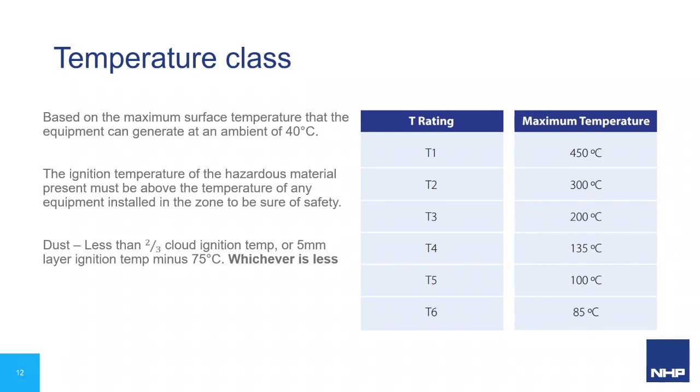So whichever of the two is lower, this is the temperature that you use when selecting a T rating for your equipment. But you just need to be careful. With dust layers, this method only allows for a 5mm layer of dust. So you need to have regular housekeeping and cleaning to ensure that it doesn't exceed that level.